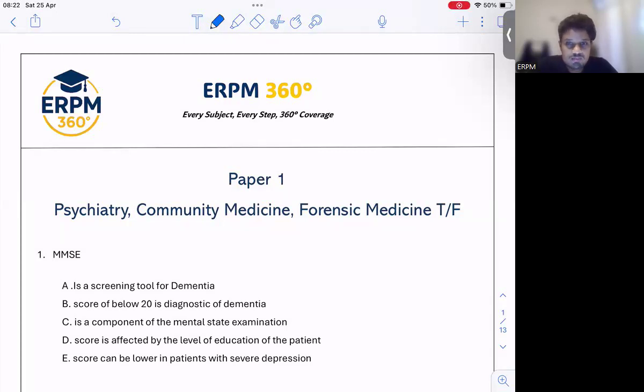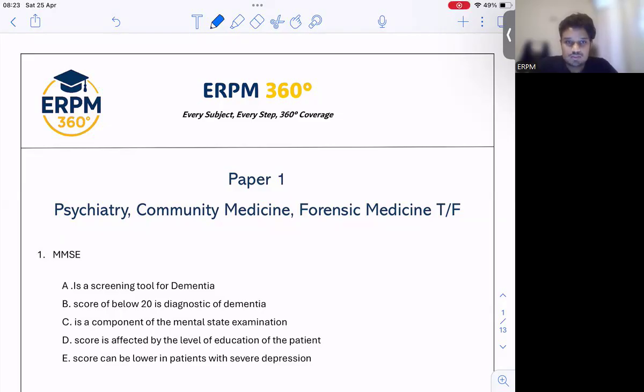If you know theory well, and have done enough papers, you can easily score more than 80% for your psychiatric component. So with that in mind, let's continue with our discussion.